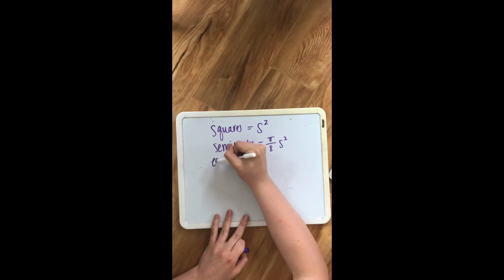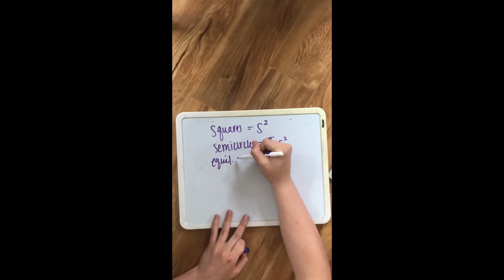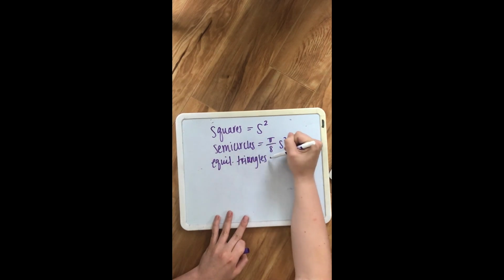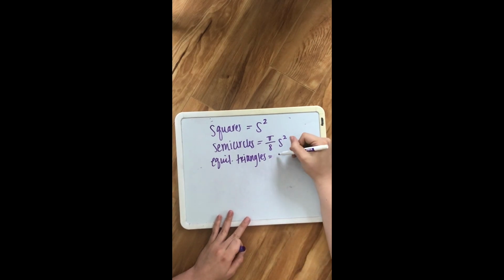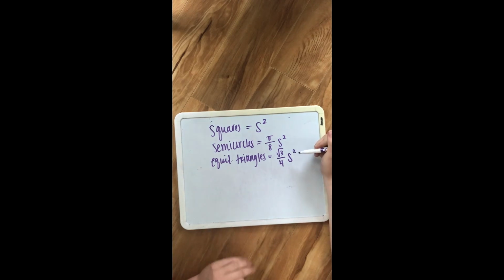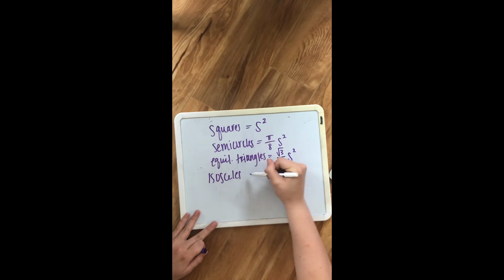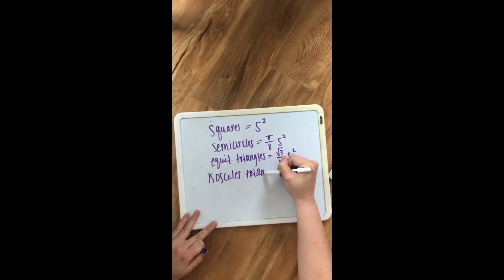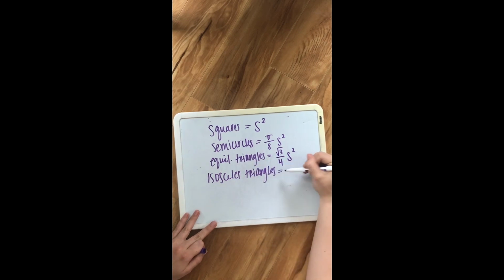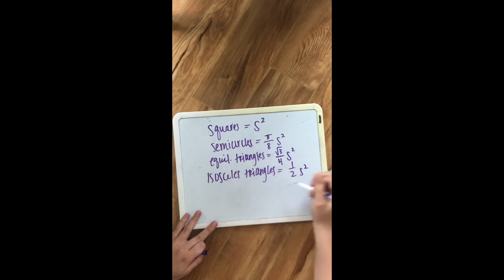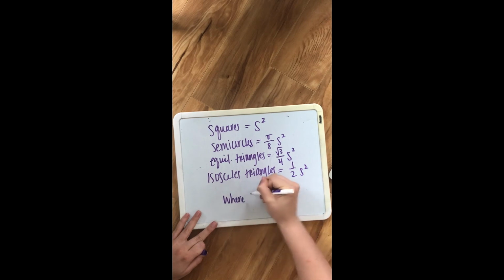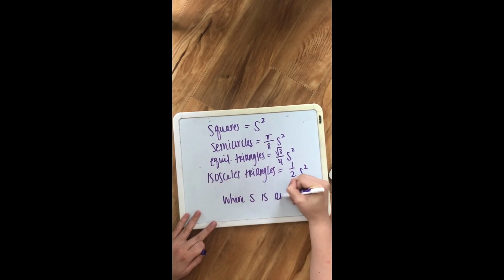We also have equilateral triangles, which are equal to the square root of 3 over 4 s squared. And lastly, we have isosceles triangles, which are equal to 1/2 s squared, where s is area.